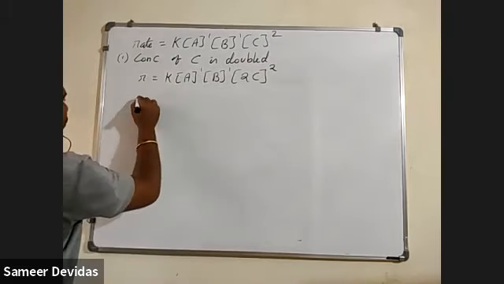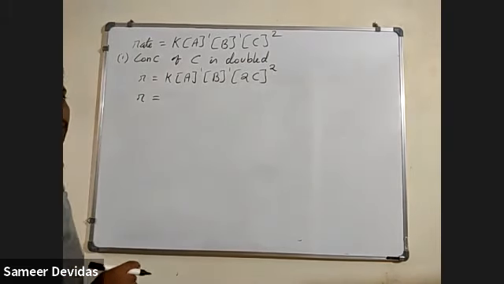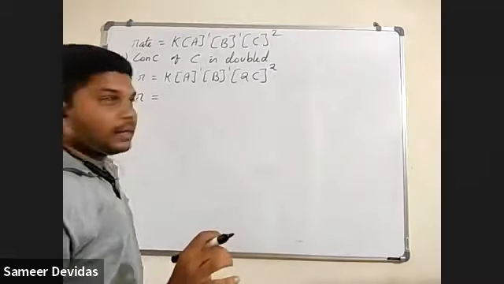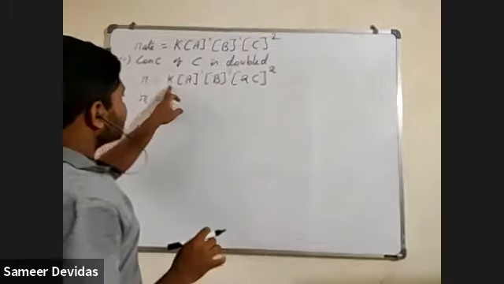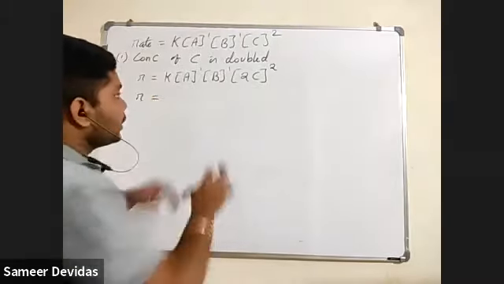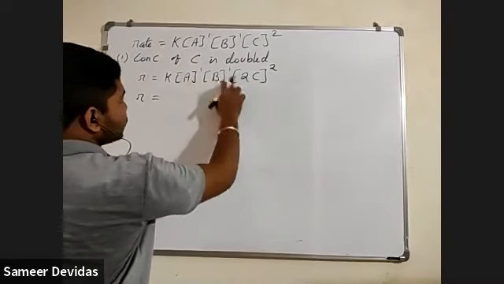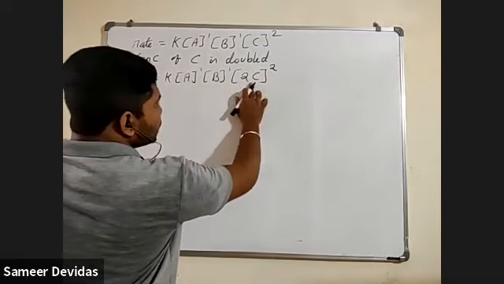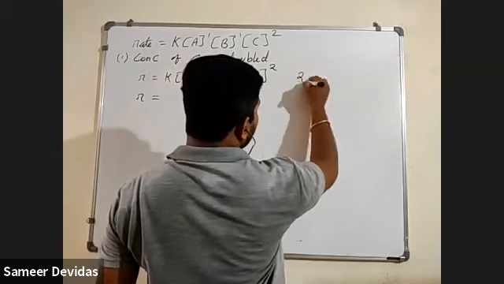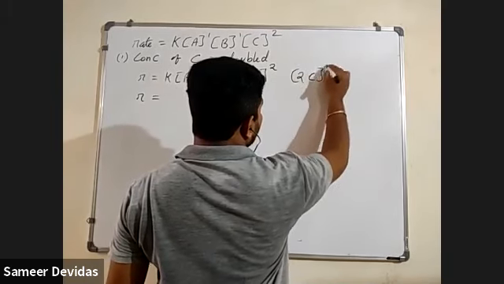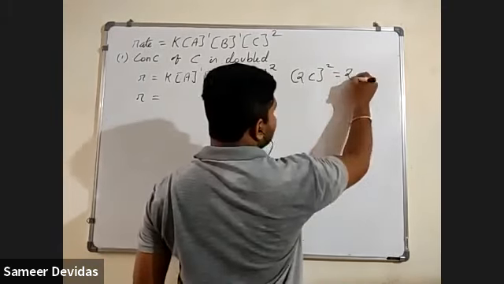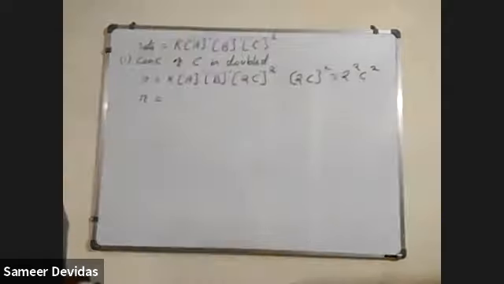Okay. Now R is equal to, we will write only the numbers first. Now if you see A raised to 1, B raised to 1, (2C) raised to 2. What is the meaning of this, students? This means 2 raised to 2 and C raised to 2. Am I right?